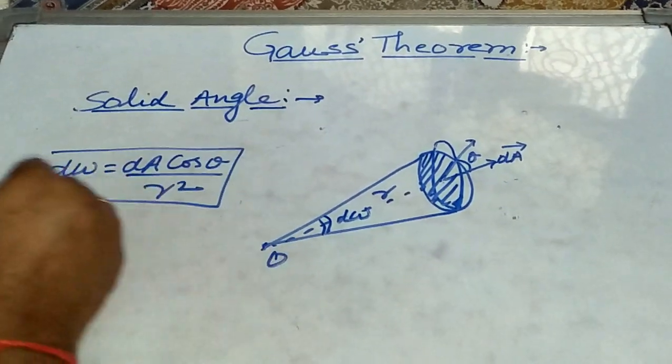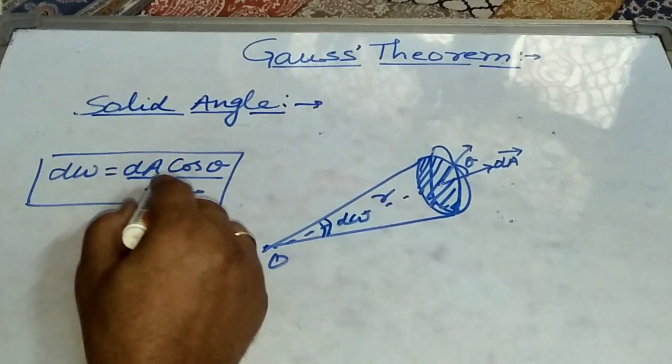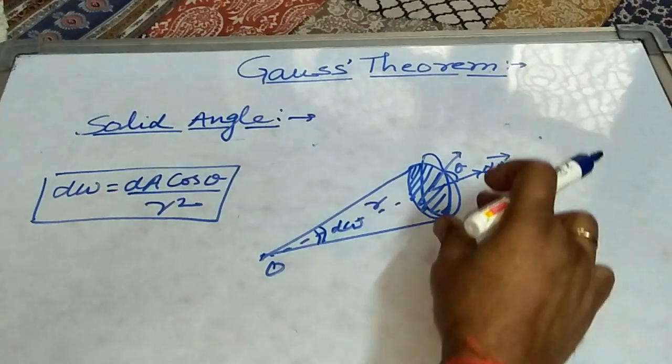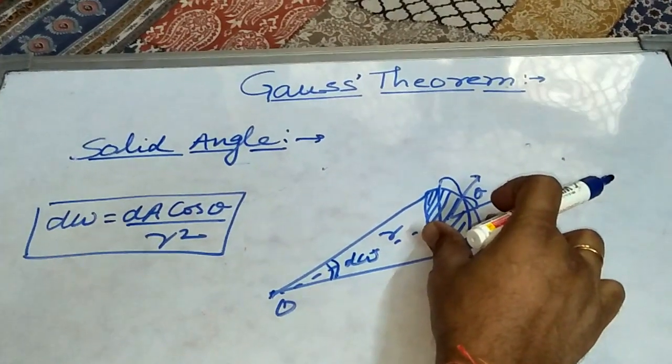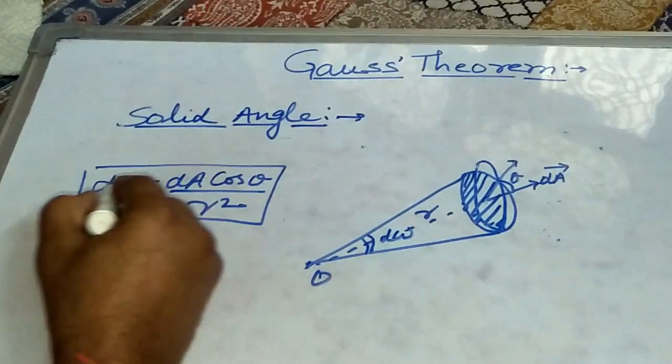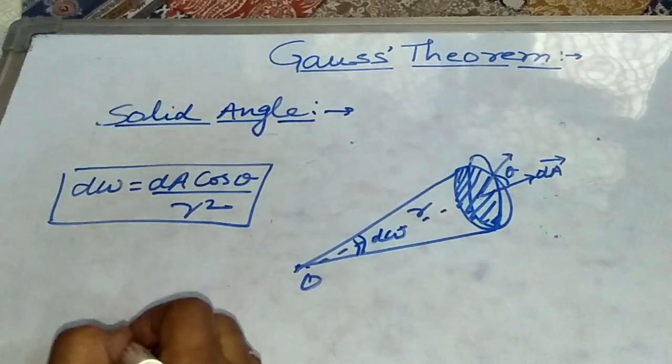So please learn this formula: d omega is equal to dA cos theta upon r square, when this area is simply rotated through an angle theta.